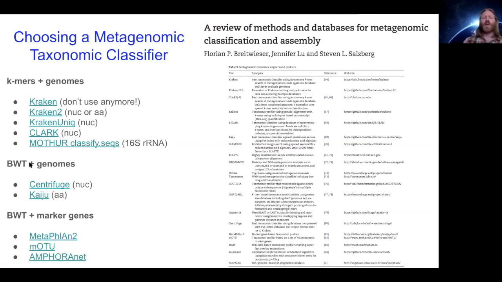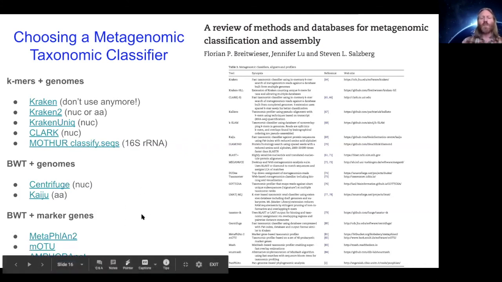They use the Burrows-Wheeler transform. For example, Centrifuge is another one out of Steven Salzberg's lab that uses nucleotides with this approach. And Kaiju is a nice web portal, actually, that will do this analysis using amino acids. So it converts all of your sequences into all 6 reading frames and then compares them to their database.